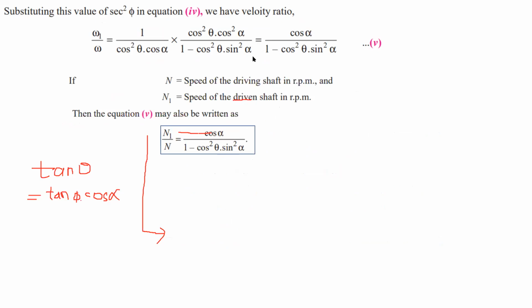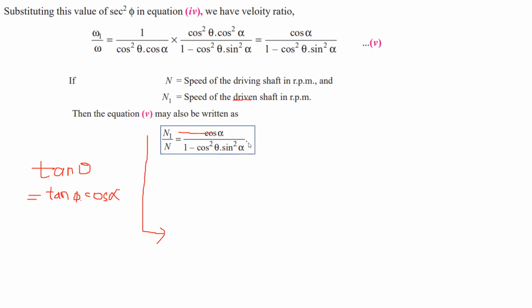So it is the relation, this one: omega 1 upon omega is cos alpha upon 1 minus cos square theta into sin square alpha. You get this velocity ratio only in terms of one variable, that is theta. Theta is the variable, alpha is constant.